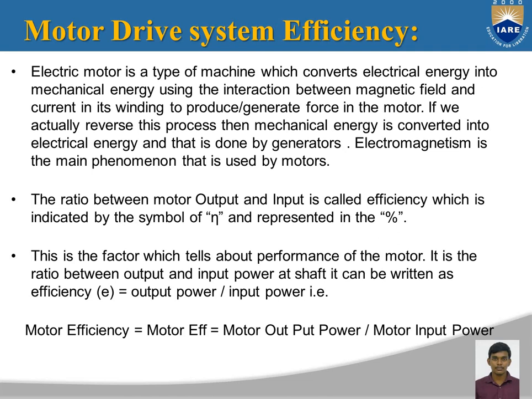An electrical motor is a type of machine which converts electrical energy into mechanical energy using the interaction between the magnetic field and the current in its winding to generate force in the motor. I think you have already seen how the motor works and how the generator works, so I am not explaining all of that. Electromagnetism is the main phenomenon used by motors, and the ratio between motor output and input is called efficiency.